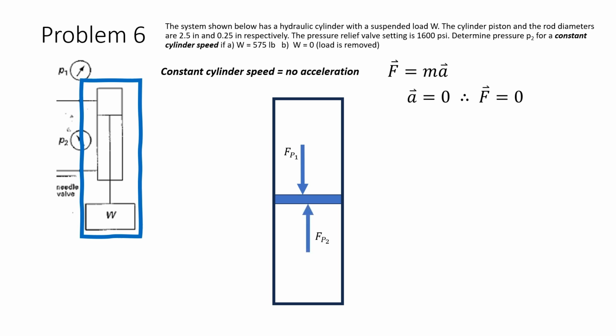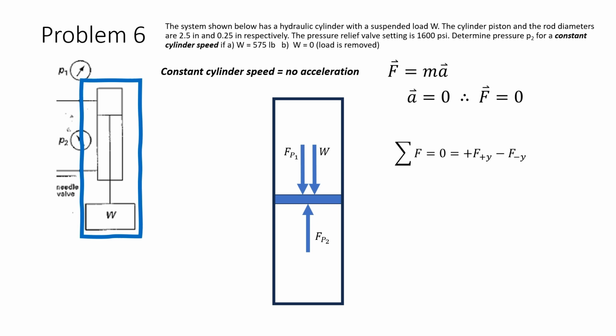Working upward, we're going to have the force due to pressure P2. That would be our retraction force, or the force trying to encourage our piston to retract. Because there's no acceleration, it is moving at a constant speed. We don't know which direction it's going, but I'm going to assume it's holding still just for simplicity. The third force we're going to look at is the weight, the attached weight on the end.